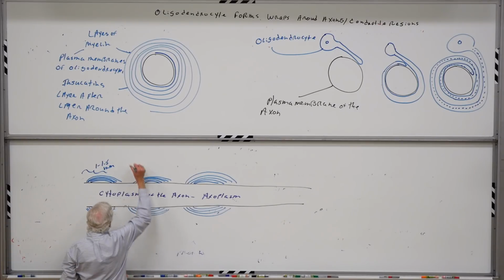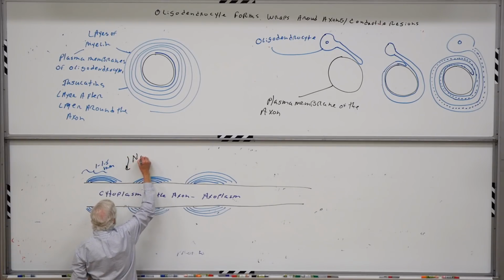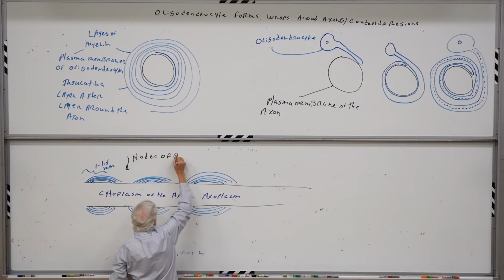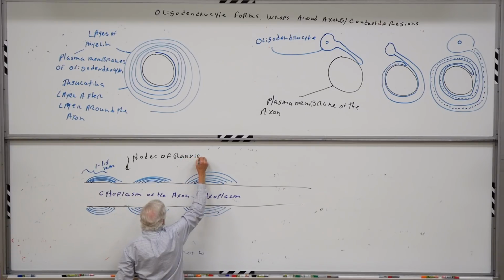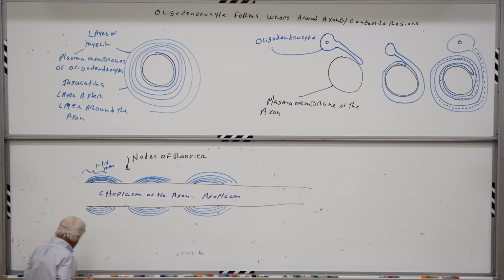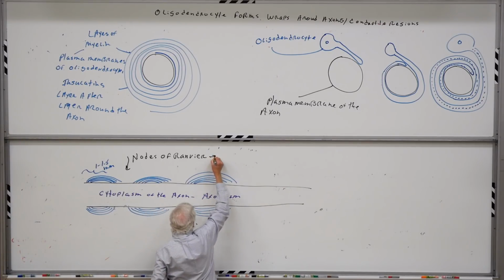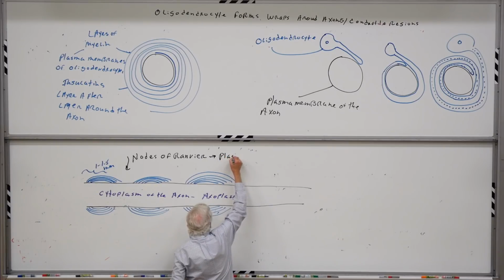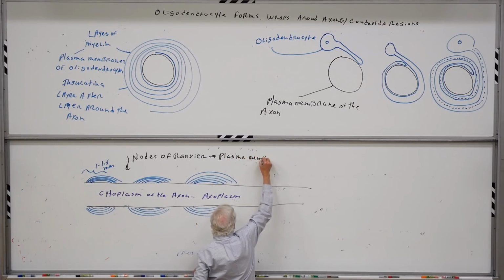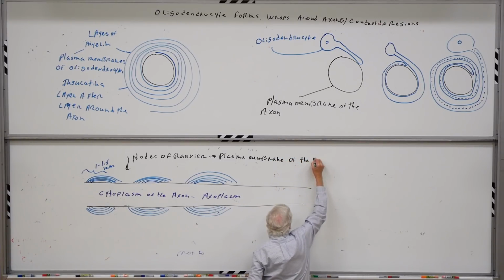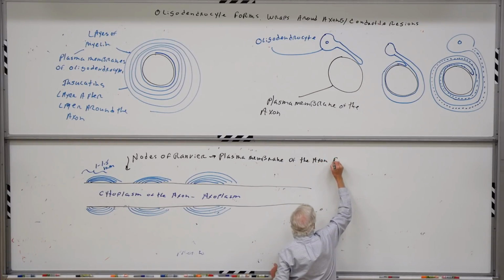The openings are referred to as the nodes. Again, this is an eponymous name, nodes of Ranvier. Ranvier was a French histologist and pathologist in the 19th century, and we still name these structures the nodes of Ranvier. But what the nodes of Ranvier in fact are, is plasma membrane of the axon facing the outside world.